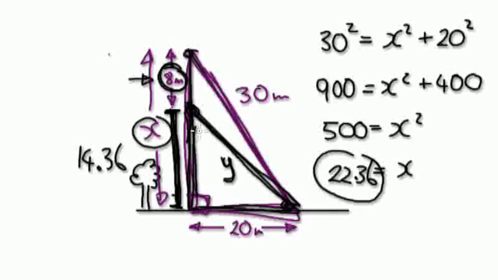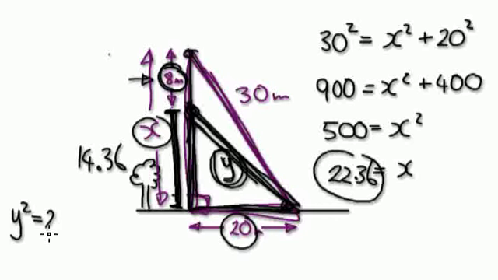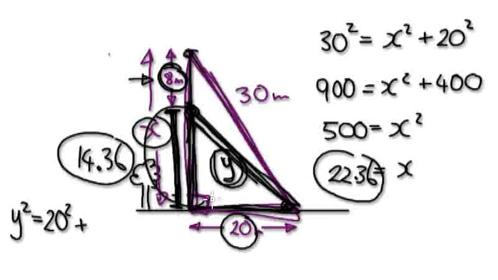Okay, so now we can just use the smaller triangle here. So it would be y squared, because this will be the longer side. y squared equals this here, 20 squared, plus this here. Remember, this here is actually this length here, 14.36 squared.